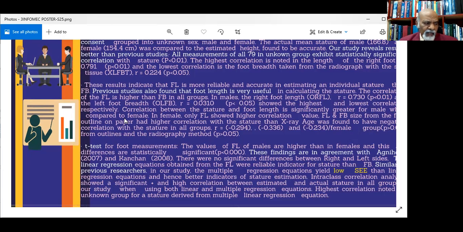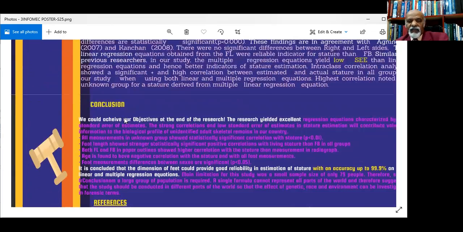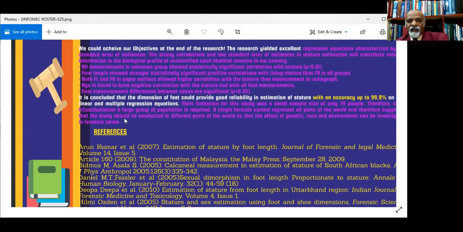We followed the Pearson correlation for the correlation of foot length and foot breadth with the stature, an independent t-test for the comparison of the male and female, and interclass correlation analysis for the correlation of the estimated height and the real height of the individual. So overall, we could achieve the objective of research, and we could also derive the regression formula to be applicable in future.